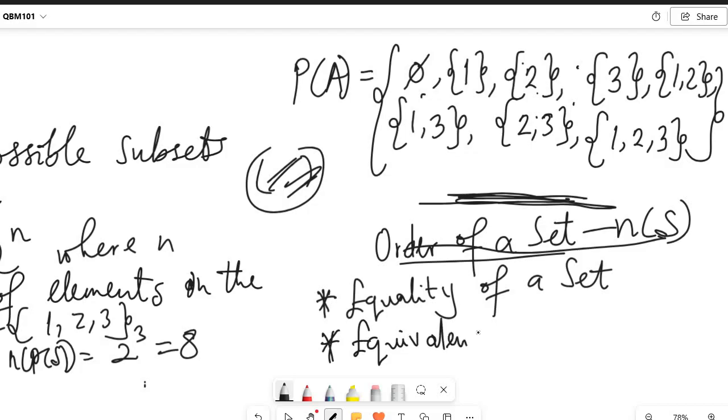Two sets can be equivalent, but they might not be equal. So let's see what this means.